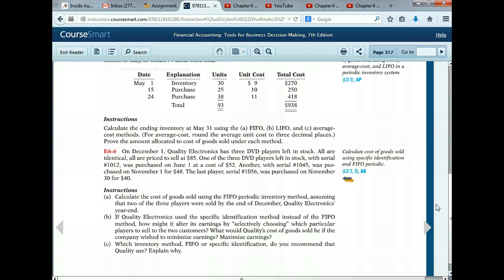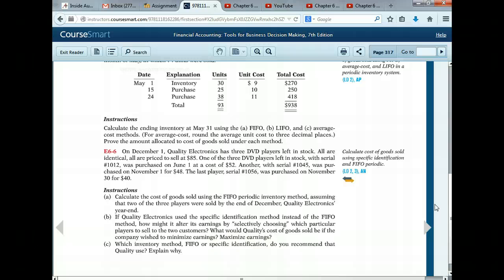On December 1st, Quality Electronics has 3 DVD players left in stock. All are identical. All are priced to sell at $85. One of the 3 DVD players, with serial number 1012, was purchased on June 1st at a cost of $52.